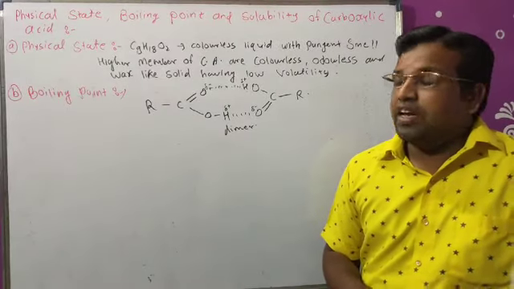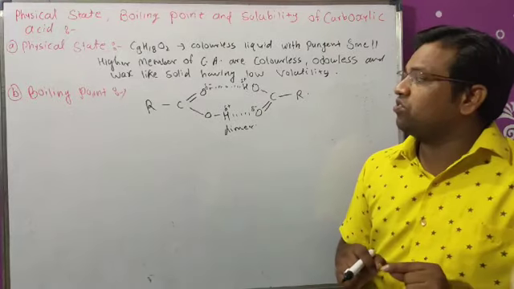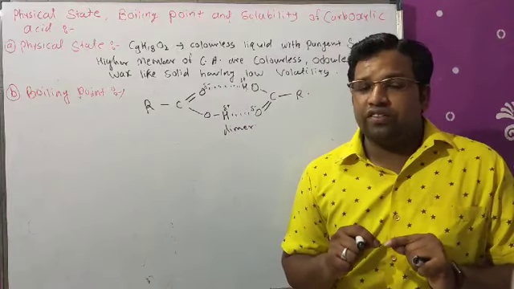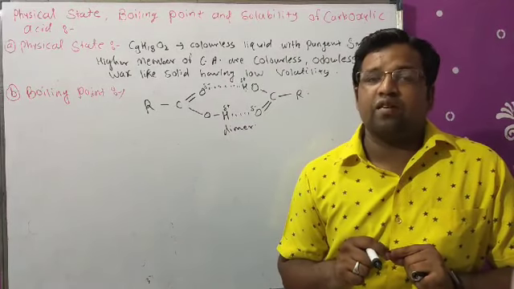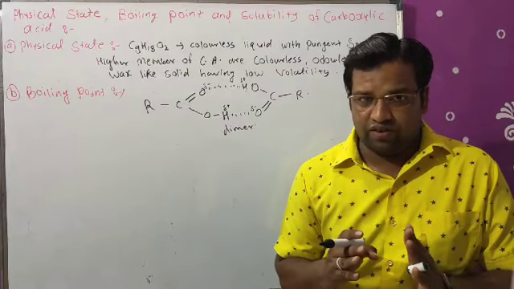Because in a liquid state, carboxylic acid is associated in a dimer structure. Due to the presence of hydrogen bonding in carboxylic acid, a strong intermolecular force of attraction takes place.